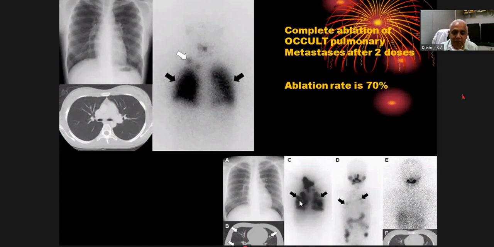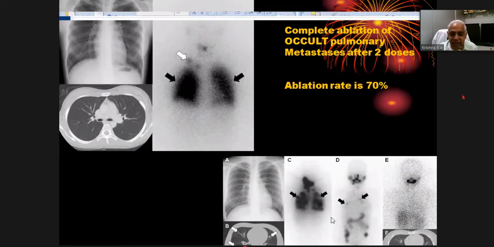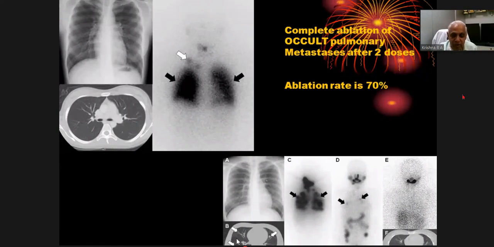Look at this patient here. He has bilateral pulmonary metastasis. He was also treated, but there are still some focal areas of uptake present in the lung. And that happens because if you see on the CT, where there were nodules seen, there the ablation had not completely taken out.